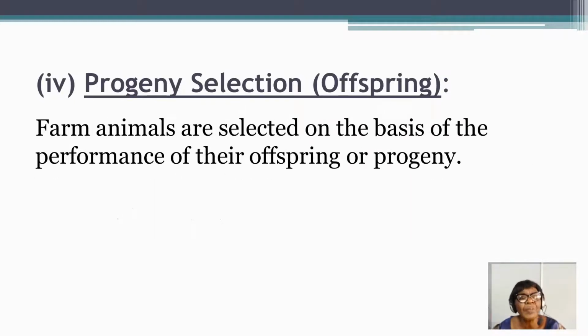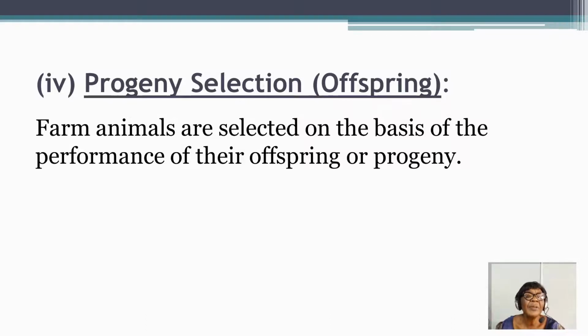Then we have the other type of selection, what we call progeny selection. Selection based on the performance of the offspring. What do we mean by offspring of animals?